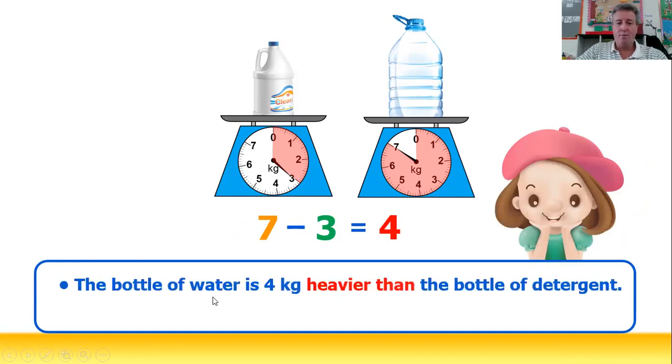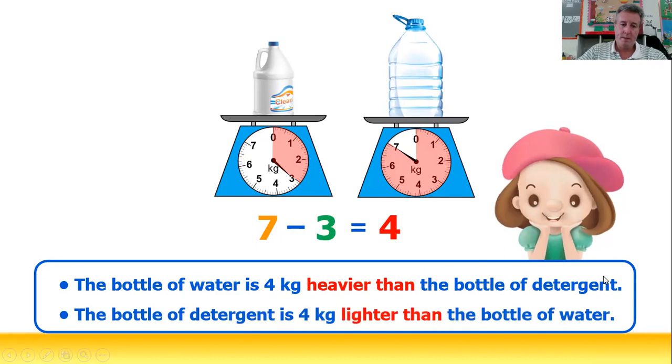The bottle of water is 4 kilograms heavier than the bottle of detergent. Or the other way around, the bottle of detergent is 4 kilograms lighter than the bottle of water. So this is heavier than, and this is lighter than.